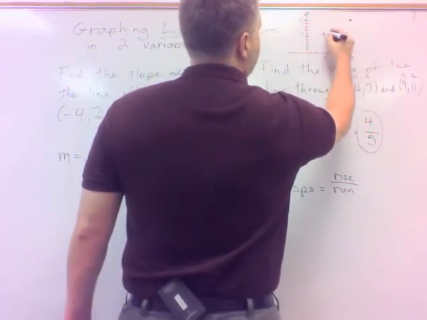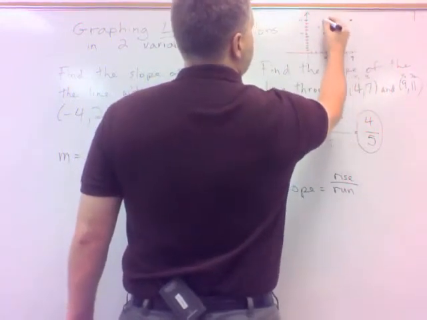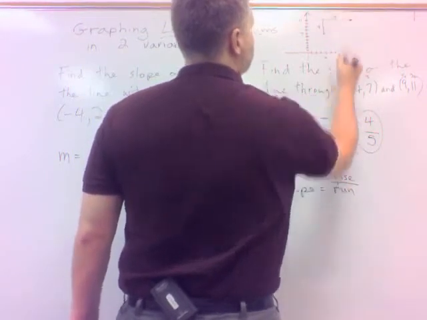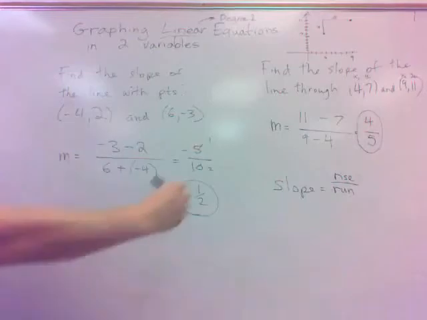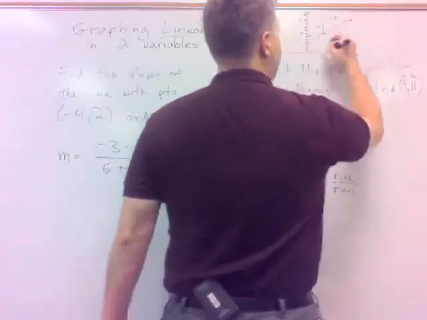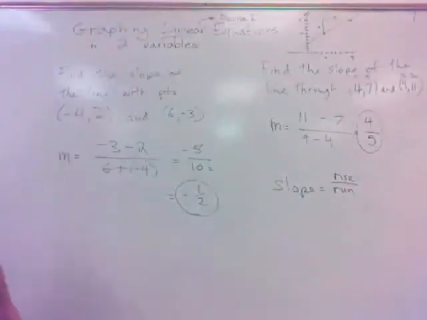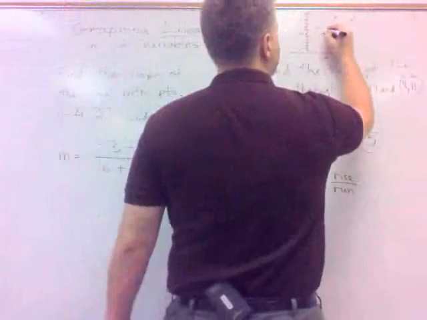So from this point to this point, I rise 4, and then I run 5 to get to that point. So that's another way to think of the slope. And here's my line. So it's rise to run. Let me dot those in instead.